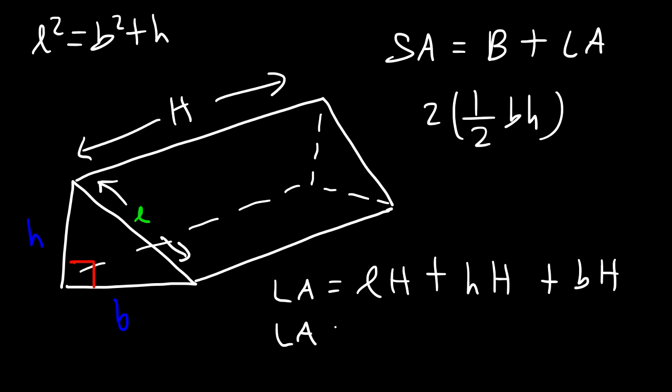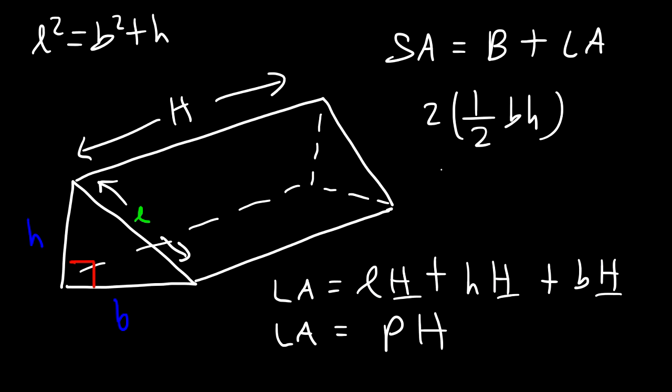So notice that it's basically the perimeter of the triangle, which is the sum of those three sides, h, L, and b, times the height of the prism. If you factor out capital H, you could see that P is equal to L plus h plus b.